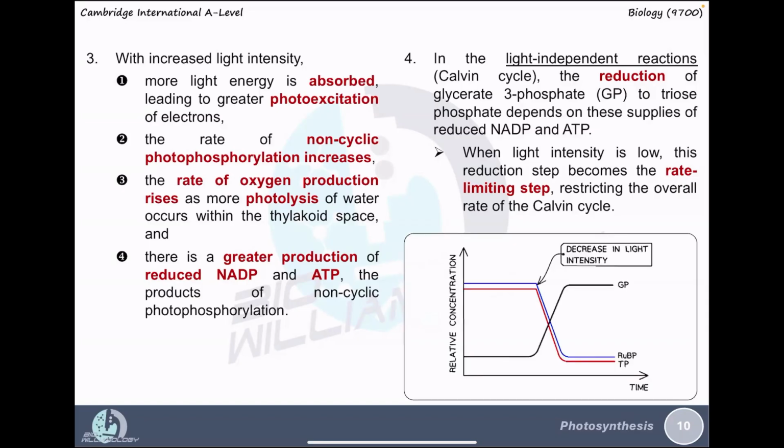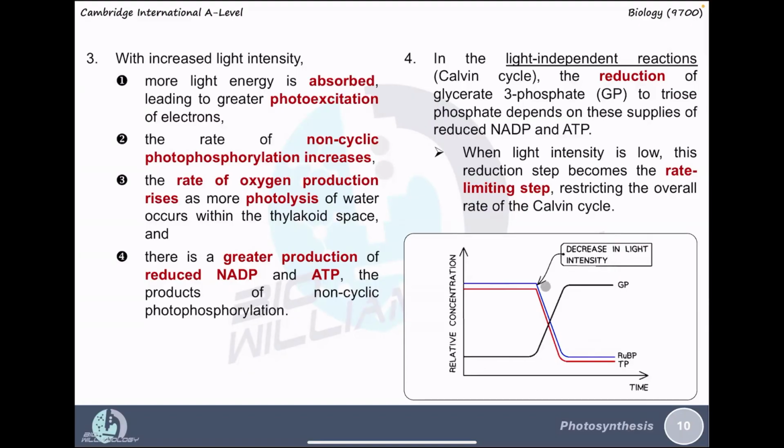So let's look at this graph again, and you can see that the y-axis indicates relative concentration and the x-axis, time progress. At this period of time, there is a decrease in light intensity. When the light intensity decreases, there is insufficient reduced NADP to reduce GP to TP.